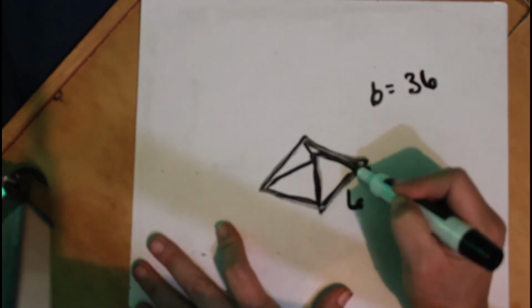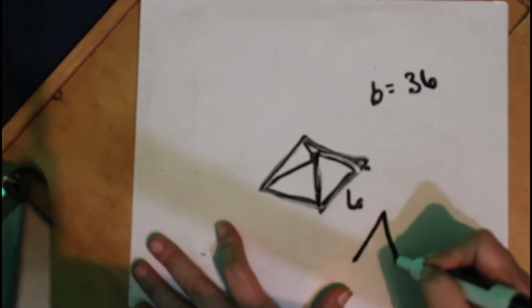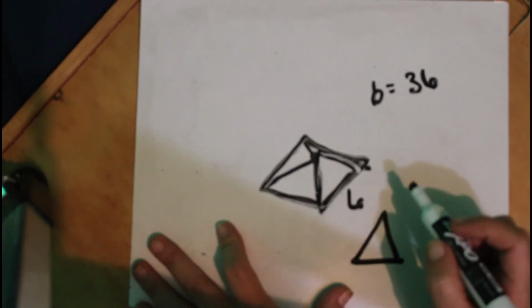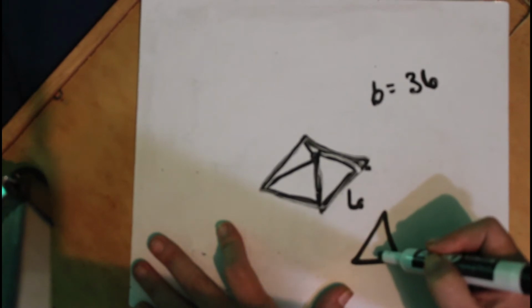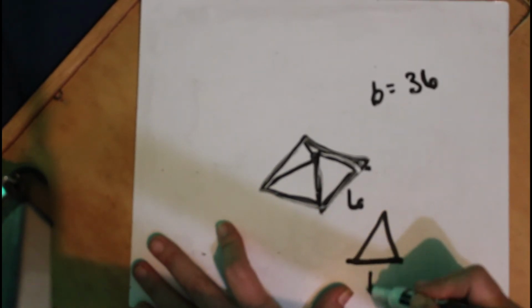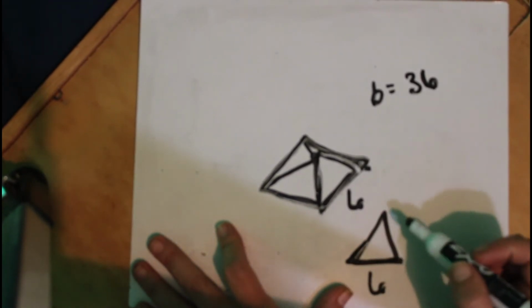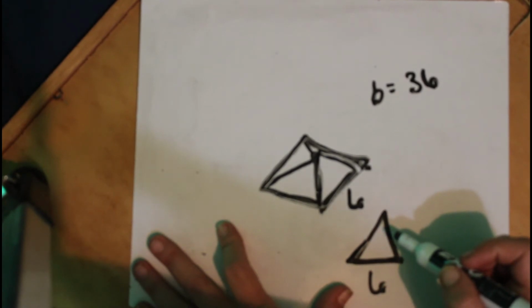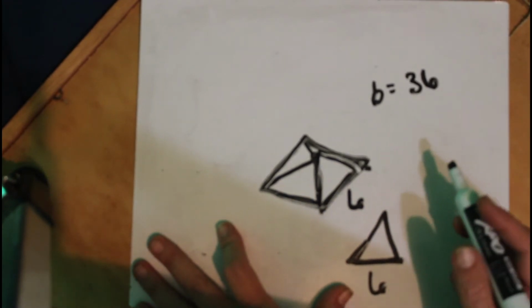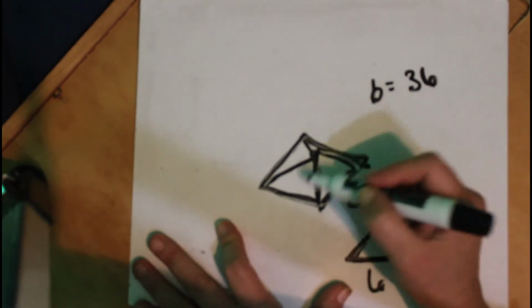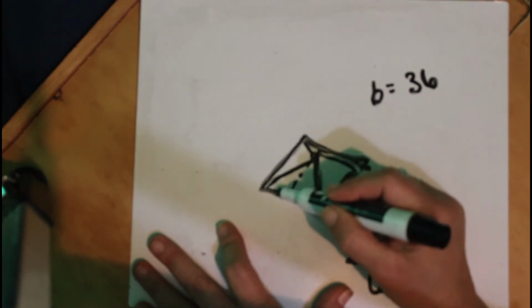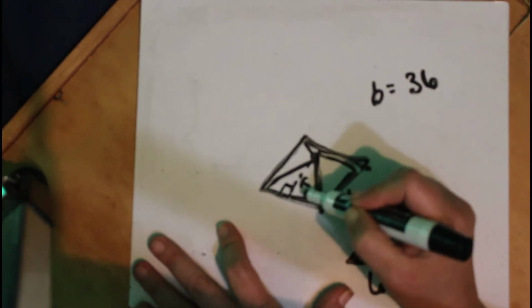And then we've got 4 triangles. Now the triangles look like this. And it says that it's going to be 6 right here across the bottom. Alright, so we have to figure out how tall that would be. And it tells us that it also has on the drawing that this is 5 right there.